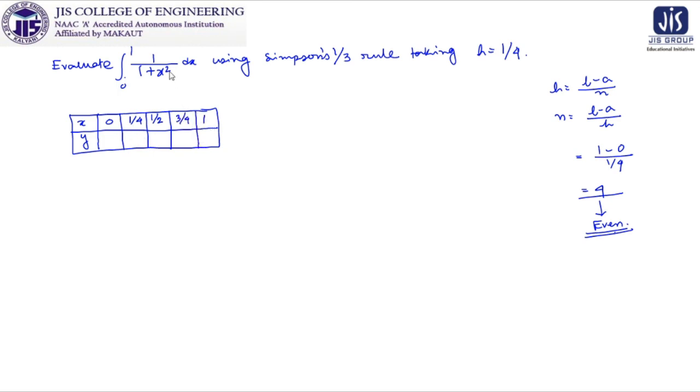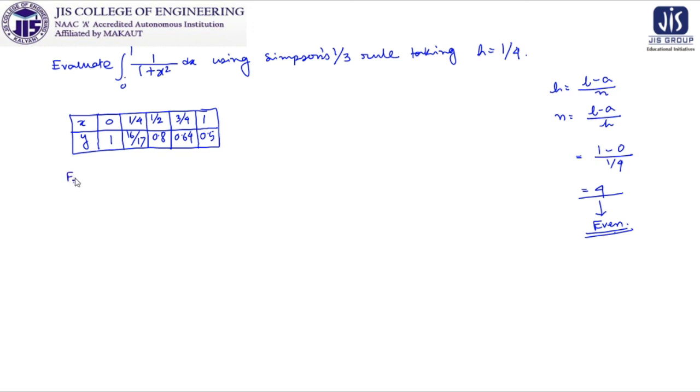And the functional values: if you put 0 it will be 1, if you put 1 by 4, that is 1 by (1 by 16 plus 1), that is 16 by 17. In this way it will be 0.8, then 0.64, and then 0.5.